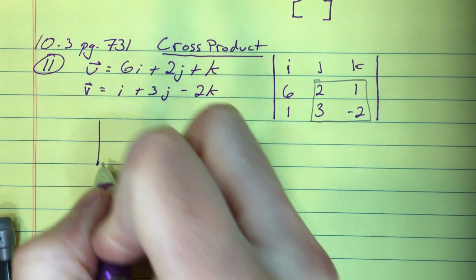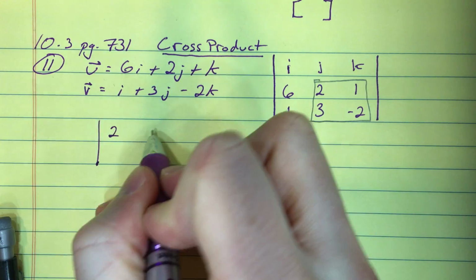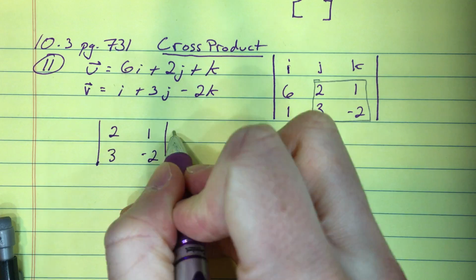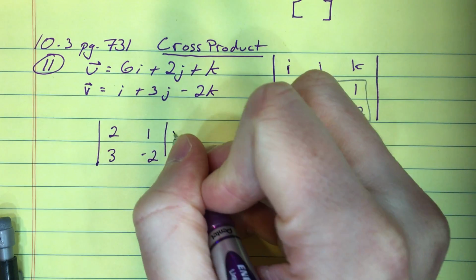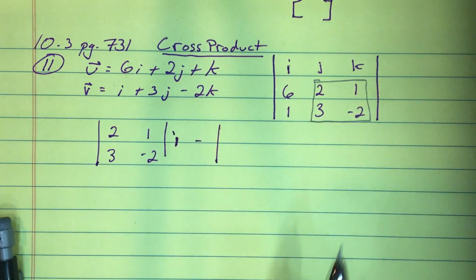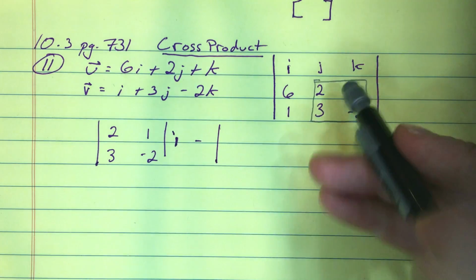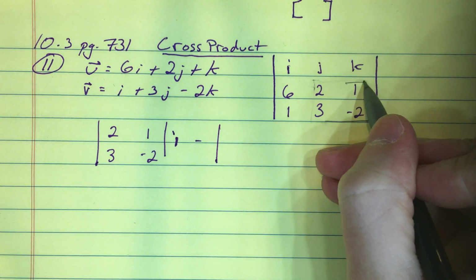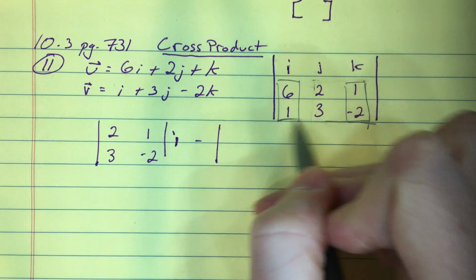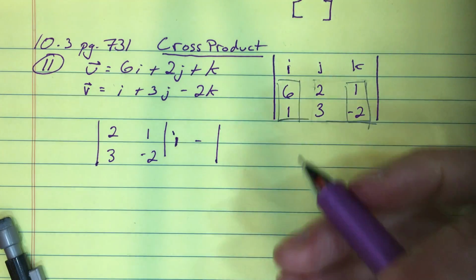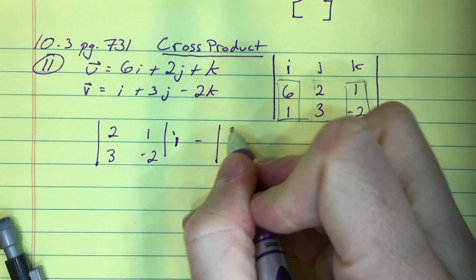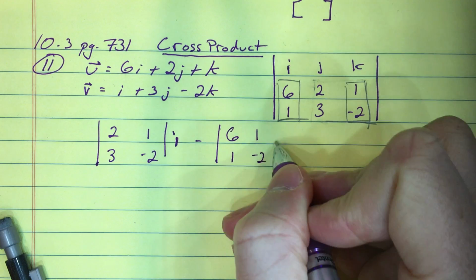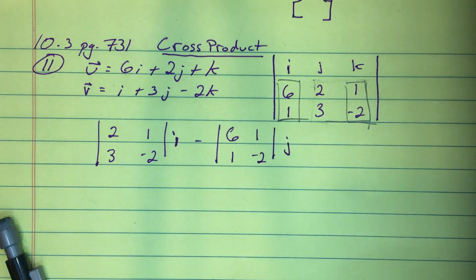Now the book shows it as 2, 1, 3, and -2, and then you have i next to that. And then we're going to subtract, and we're going to do the same thing with j. So for j it's going to be the numbers underneath k and the numbers underneath i, and those are going to make their new determinant. So 6, 1 underneath that, 1 and -2 over there, j next to that.